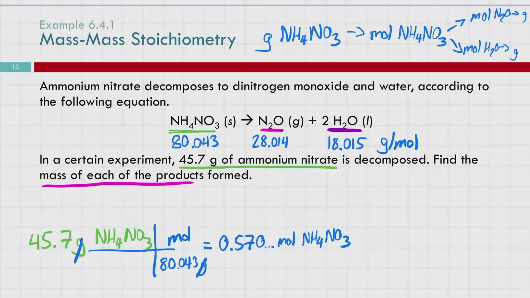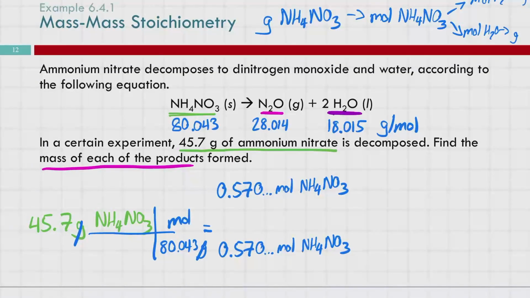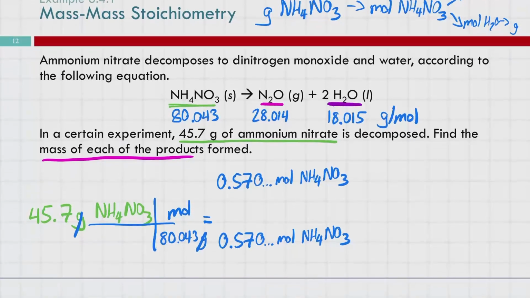And this is where it's helpful to split, because it would be the same first step for both of these products. And so we can just copy and paste the number and do it twice. So then for our ratios, the things that we care about, we've got N2O, we've also got H2O. So one of these will be going to H2O, one of these will be going to N2O.